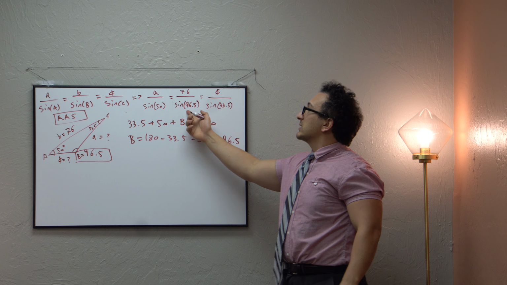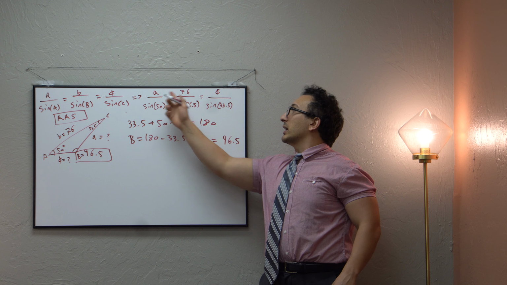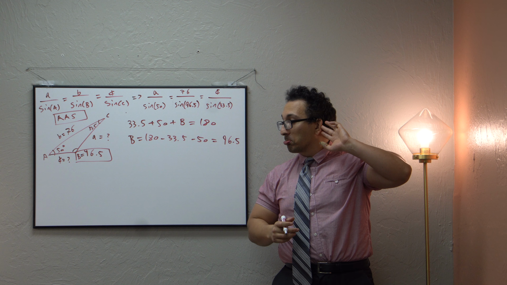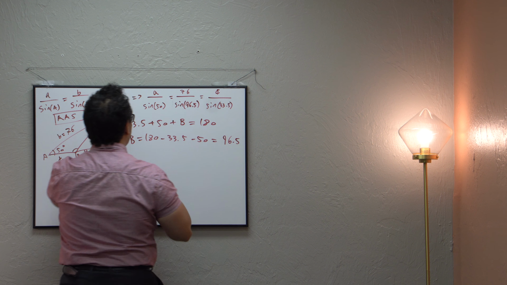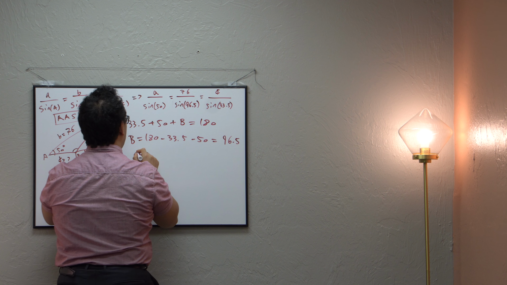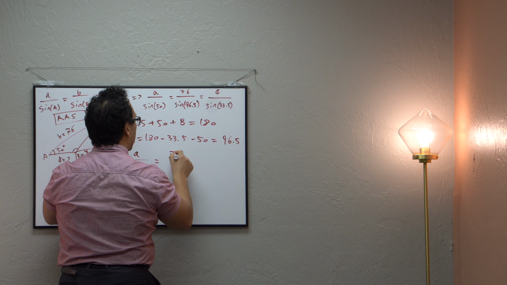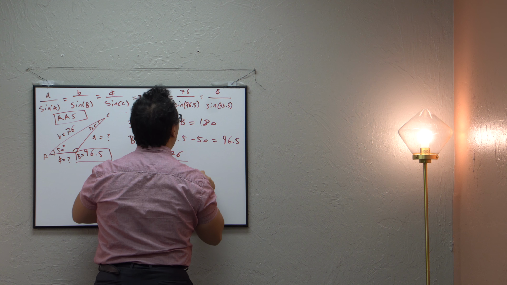Now, setting this equal to either one of these will allow us to extract any of those variables. Which one would you guys like to do? I heard left. So we can use these 2 equations. We'll set a over sine of 50 equal to 76 over sine of 96.5.